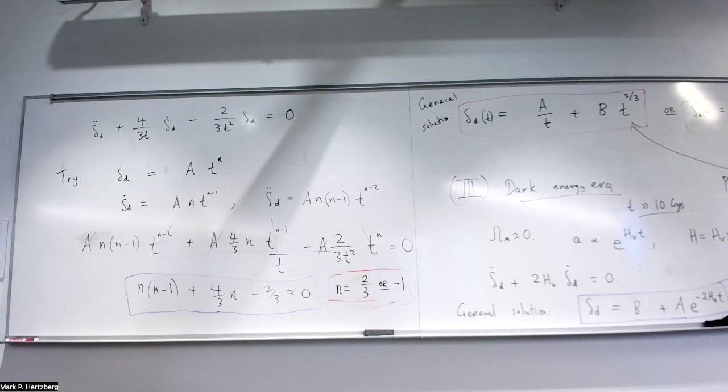But remember that rho is rho bar times 1 plus delta, the density contrast. Or we can divide both sides by rho bar and look at 1 plus delta.